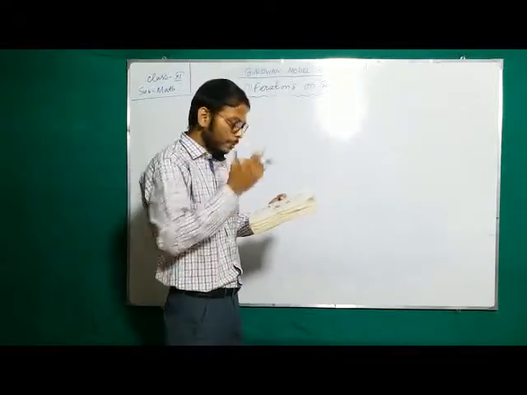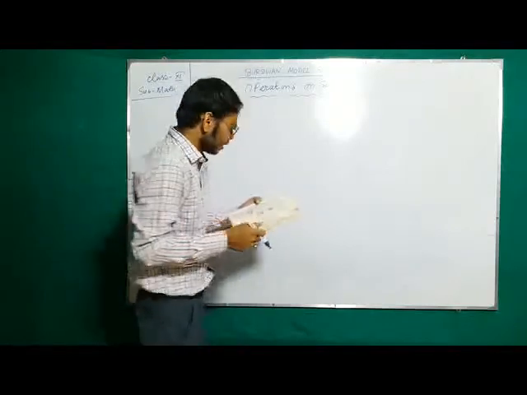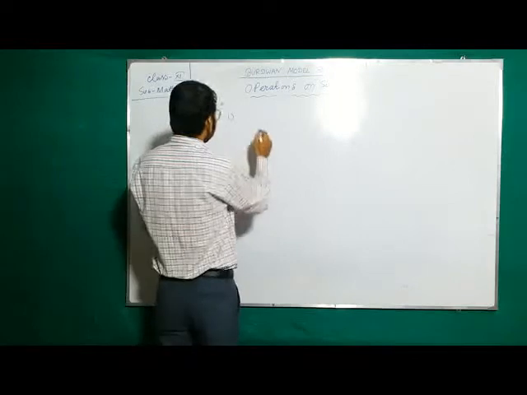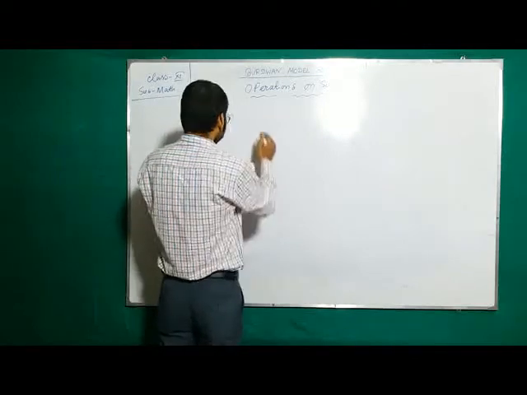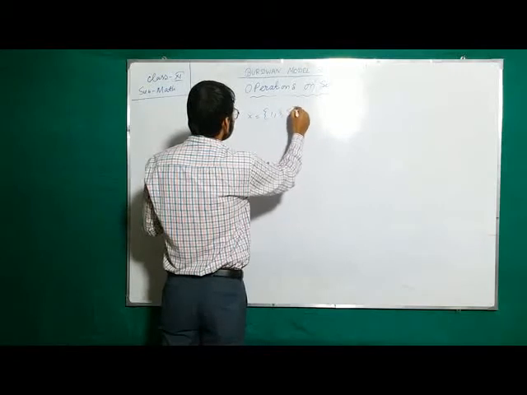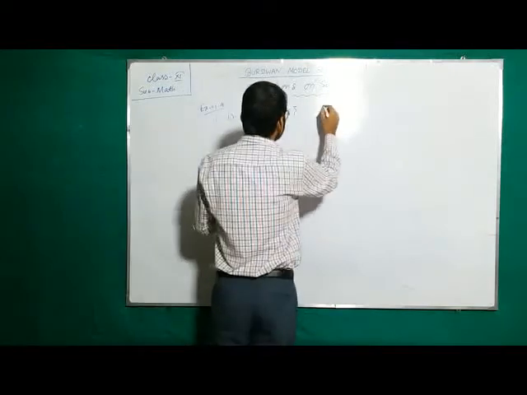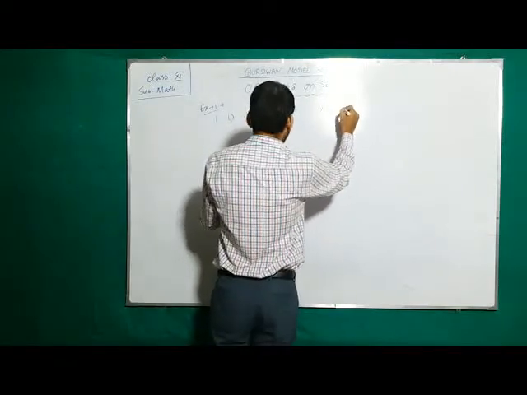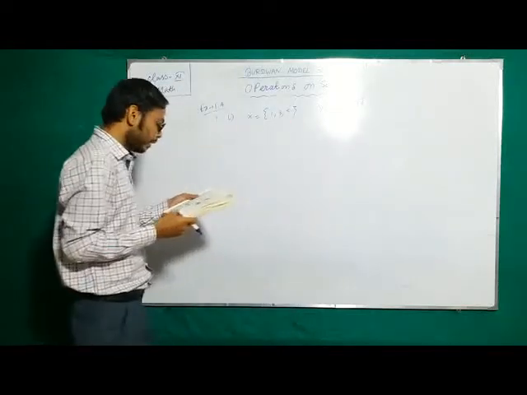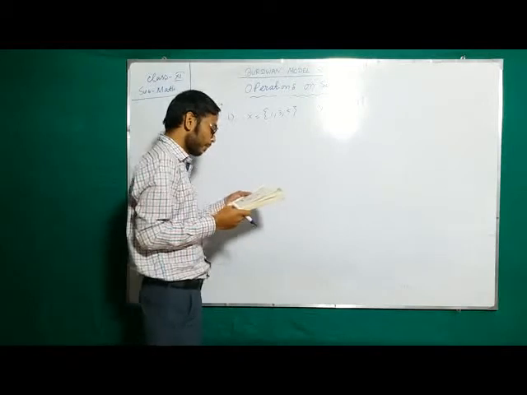Find the union of each of the following pairs of sets. Number 1. Here x equals 1, 3, 5, and y equals 1, 2, 3. You have to find the union of each of the following pairs.